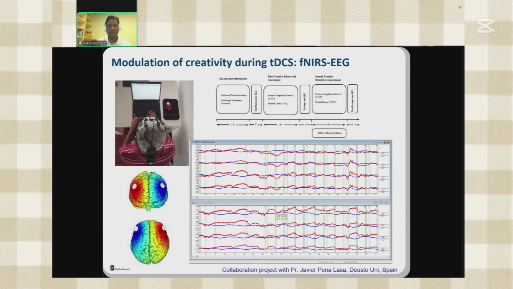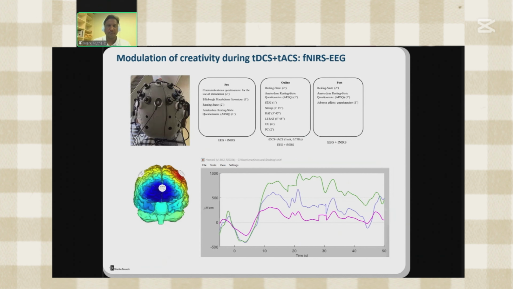So it's more a physiological measurement that we can use to guide stimulation and measure the effects of stimulation. So these are some of the ways that we use to analyze. So during a cognitive task, looking at the NIRS response, so the amplitude of the changes, for example.